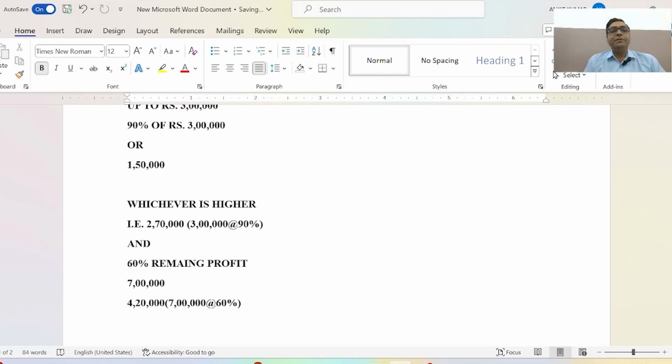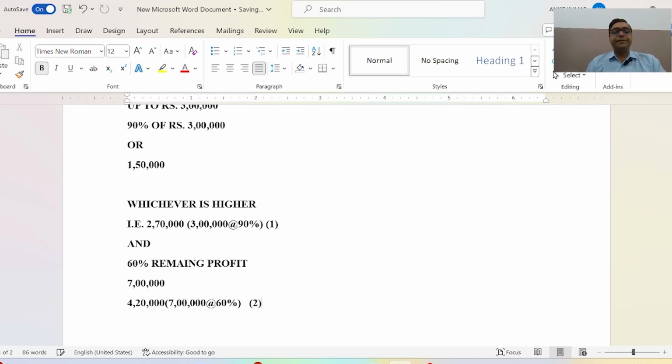So now there are two calculations. Number one is the 90% calculation, and the second calculation is the 60%.